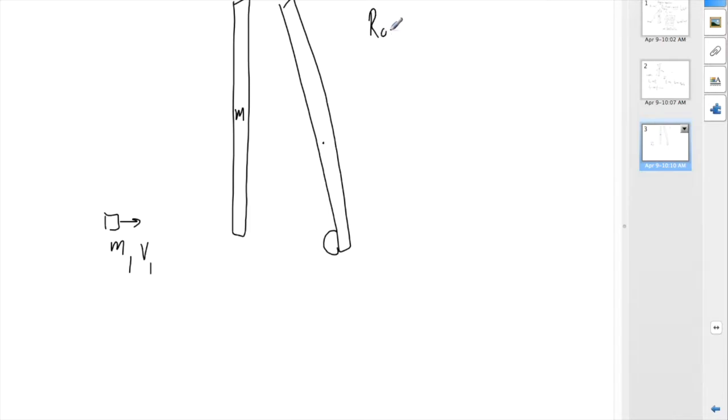The rod will spin about its center of mass.